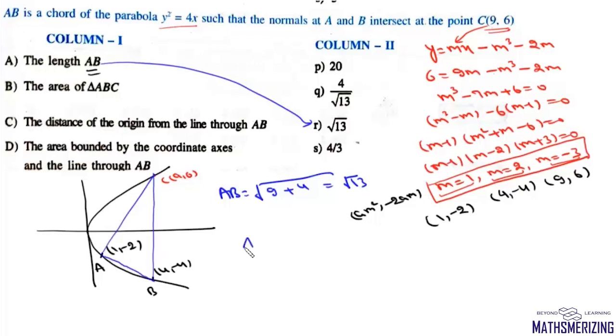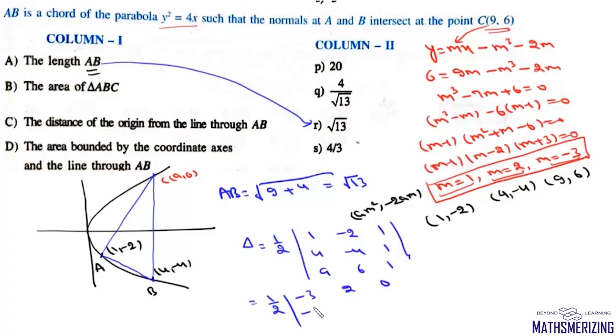So we can find this area as 1 by 2 determinant. Now x1, y1, 1. So it will be 1, minus 2, 1. 4, minus 4, 1. And then 9, 6 and 1. Now we'll take R1 minus R2 and R2 minus R3. So we can write this as 1 by 2 will be what? Minus 3, plus 2, 0.